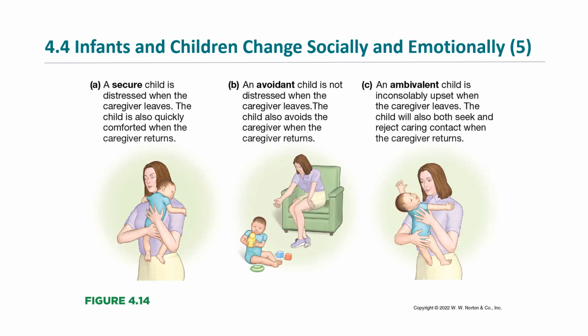The child will also both seek and reject caring contact when the caregiver returns. This is a sign of an unhealthy attachment. There is an attachment that exists, but it's unhealthy. The child is not comforted normally, like in the picture on the left when the mother returns.